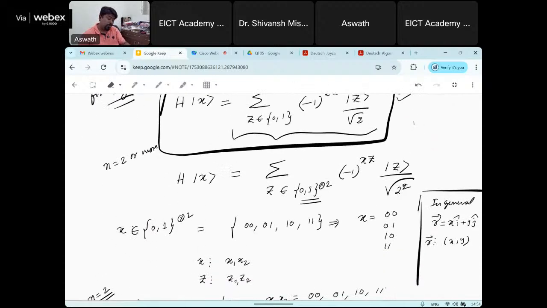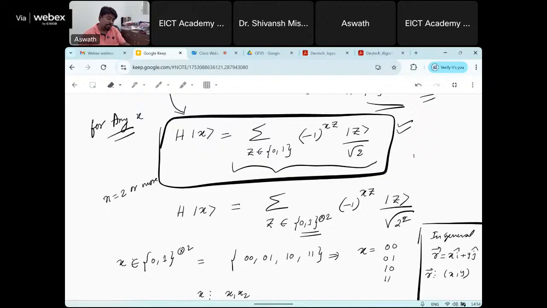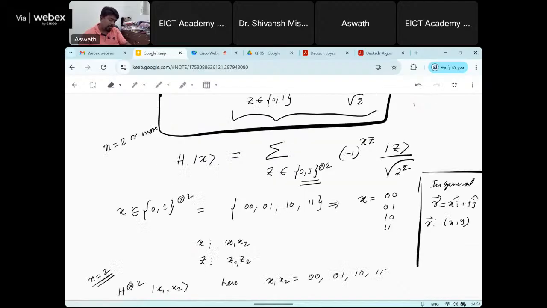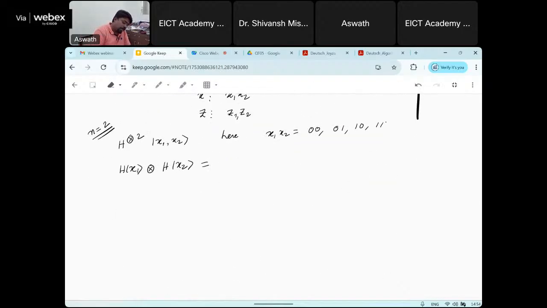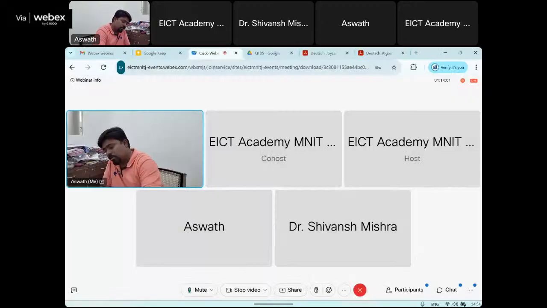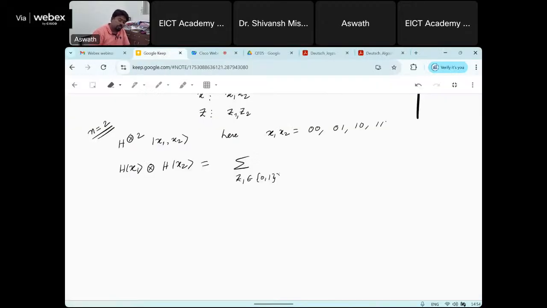The only difference is x is replaced by x1, so H acting on x1 would give you a summation over z1 belongs to {0,1}. So x1 is a single argument, so you'll have 1 there, so no tensor product there.